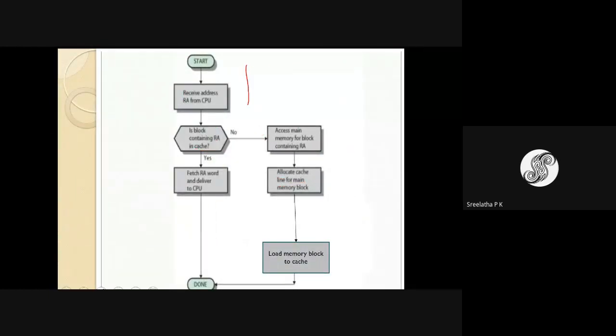Observe here, this is the processor, this is the cache memory, and this is the primary memory. Now there is some block of data which is copied from primary memory.